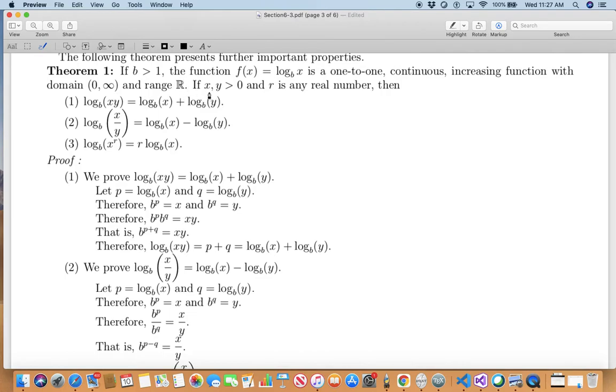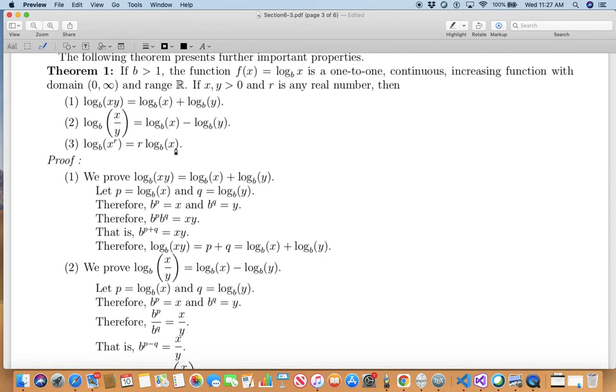Now, if x and y are positive and r is any real number, then log base b of xy is log base b of x plus log base b of y. Log base b of x over y is log base b of the numerator minus log base b of the denominator. Log base b of x to the power r is, the power jumps out, r times log base b of x.